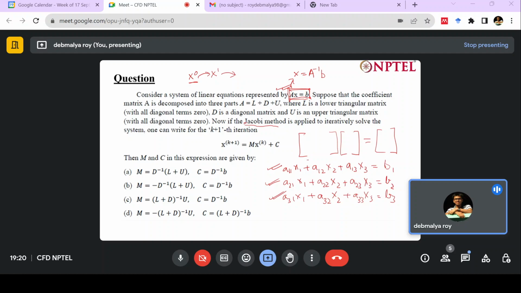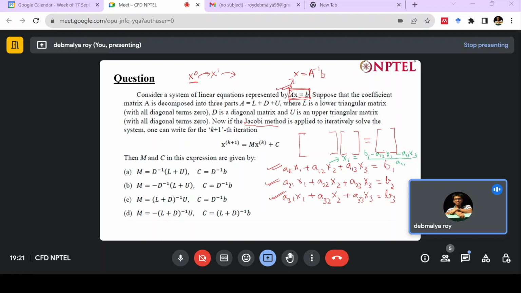So from the first equation we separate out x1, and everything else we take to the other side: x1 = (b1 - a12 x2 - a13 x3) divided by a11.